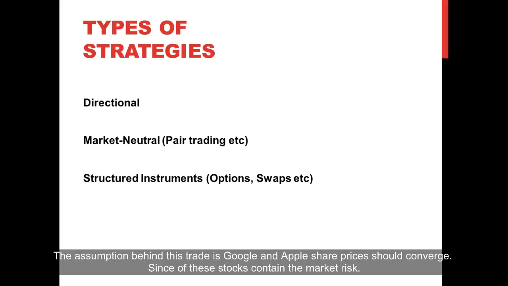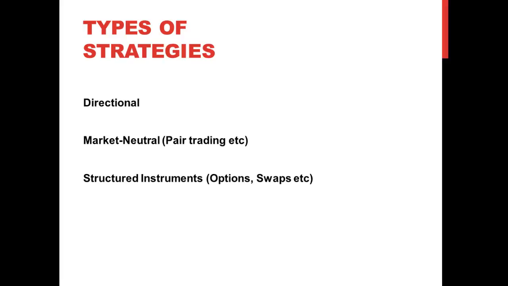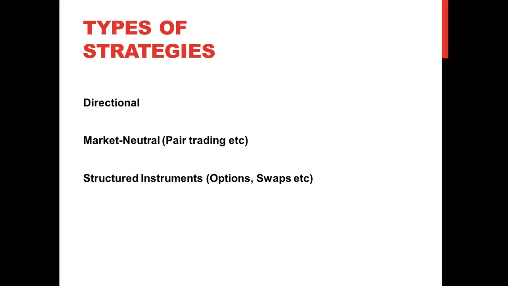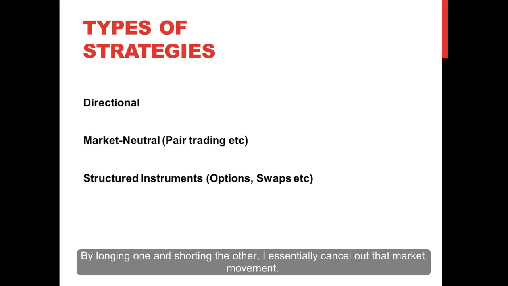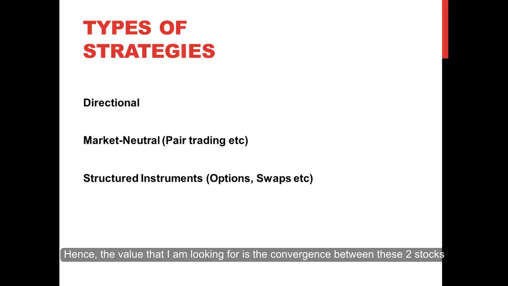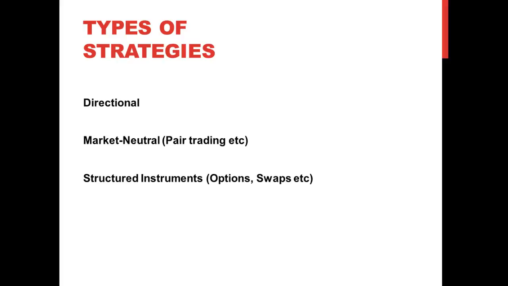Since both of these stocks contain the market risk, which is the movement that occurs when the entire market moves, Apple and Google will both move along with it. By longing one and shorting one, I essentially cancel out that market movement. Hence, the value that I'm looking for is a convergence between these two stocks.